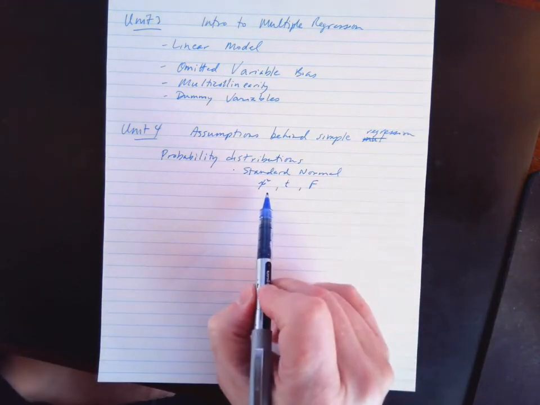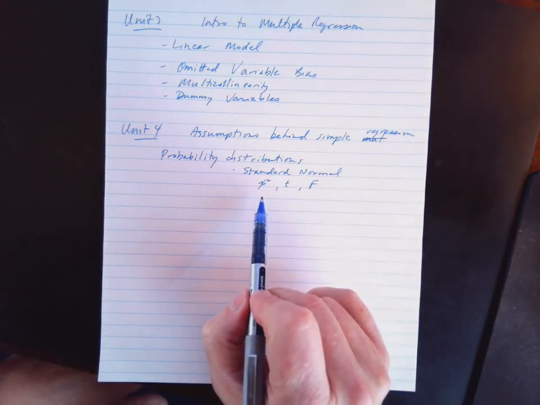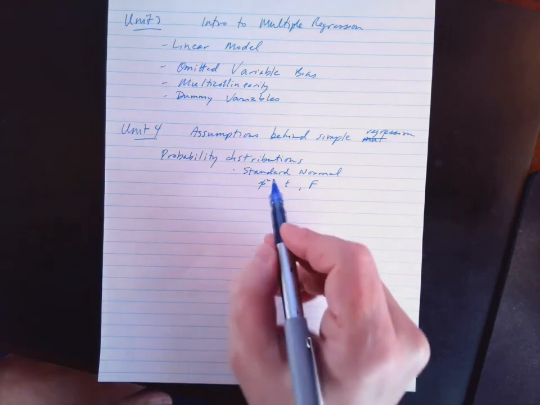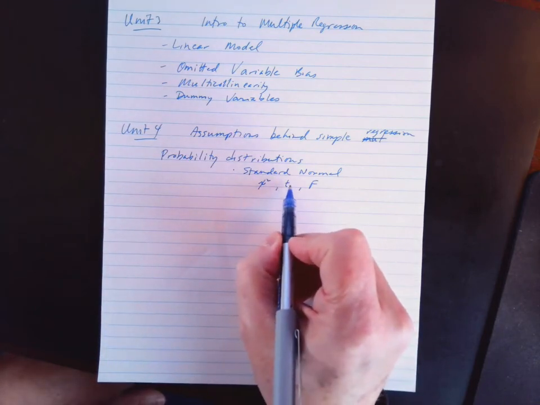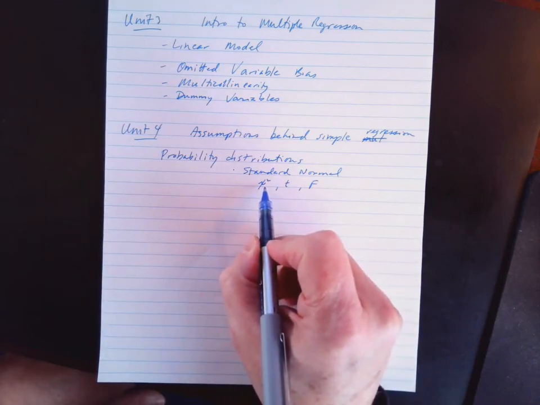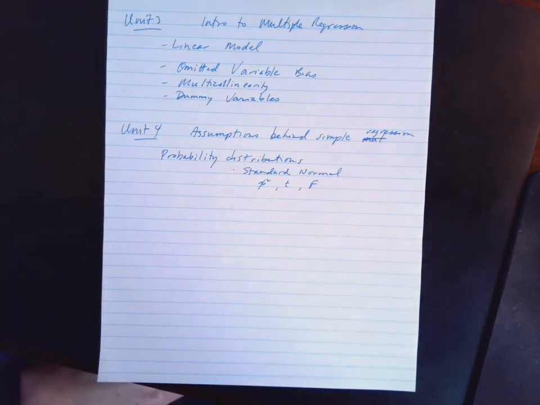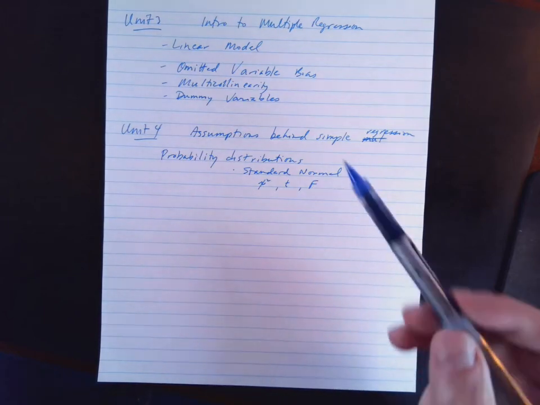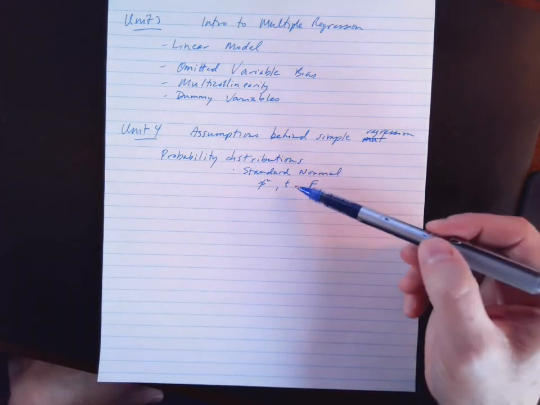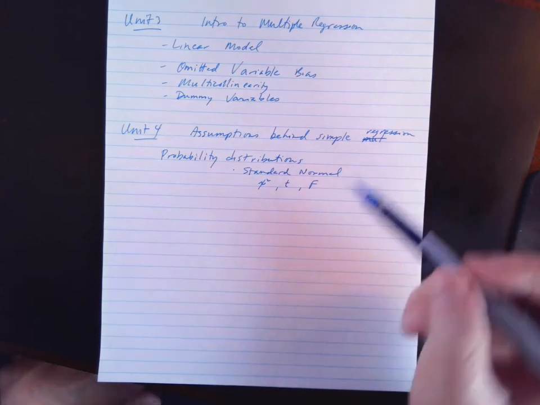And I made a point here that isn't in the chapter, but it's that statistics that are chi-squared can be derived as functions of standard normal, and so can t and f statistics.